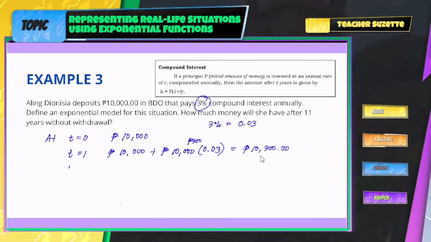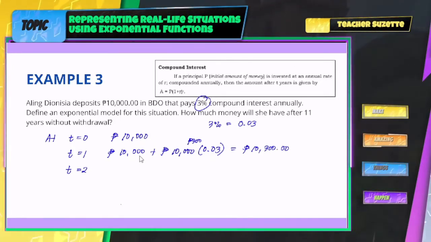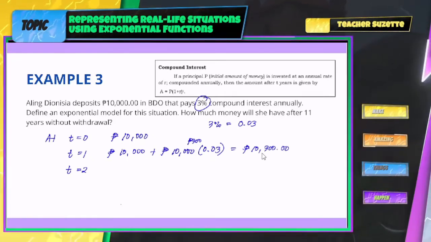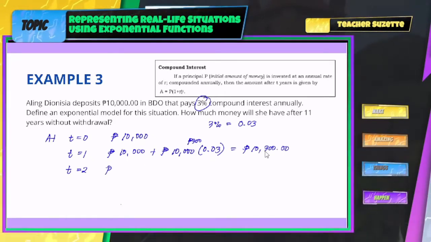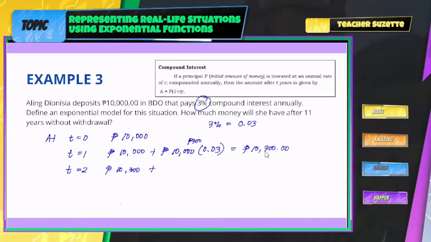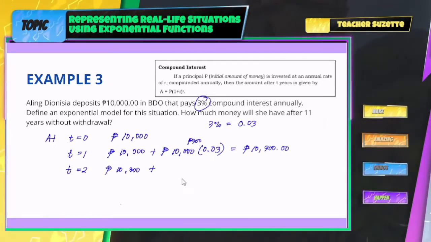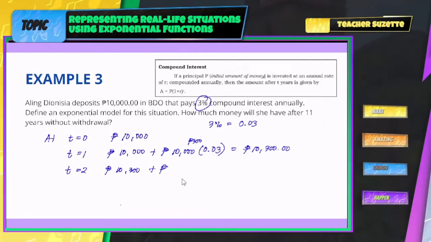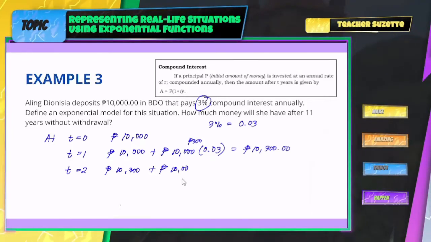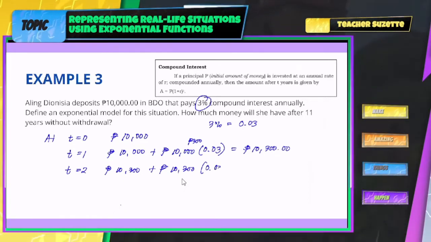Now, on the second year, hindi na po itong 10,000 ang gagamitin mo as your initial amount. So, kukunin mo na is yung 10,300 pesos. Then, still compounded annually by 3%. So, therefore, for the interest, you will have 10,300 times 0.03.